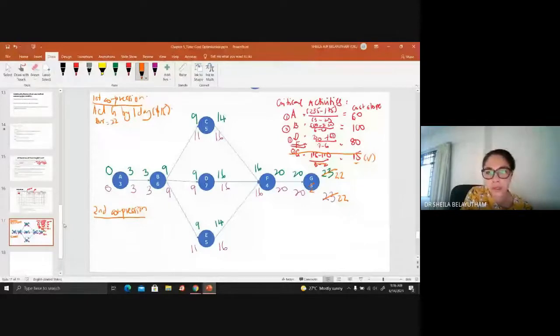So it will definitely reduce the total project duration. So your second compression will be activity A, and your compression is only 1 day here, by 1 day. If you reduce it to 2, so 0 plus 2. So you need to recalculate this.